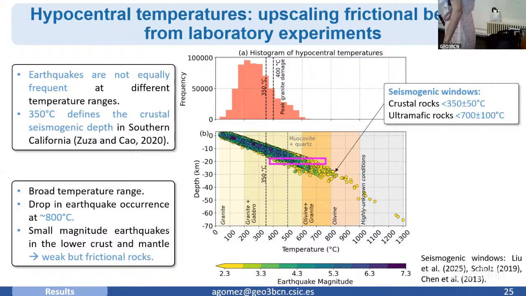Another important observation here is that there is a really drastic drop in earthquake occurrence at about 800 degrees Celsius.